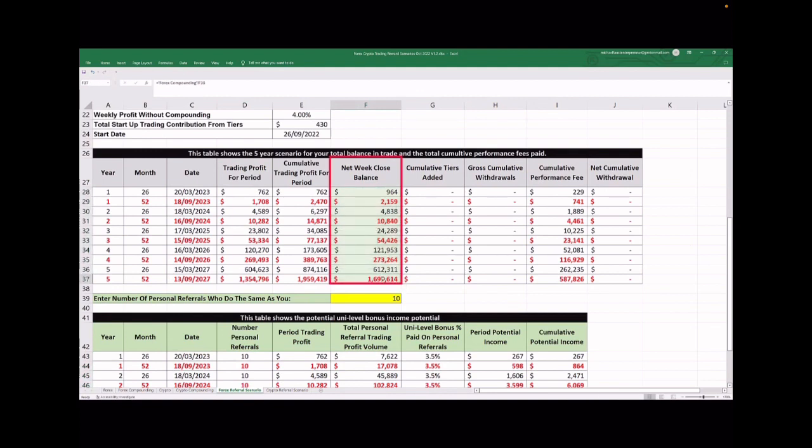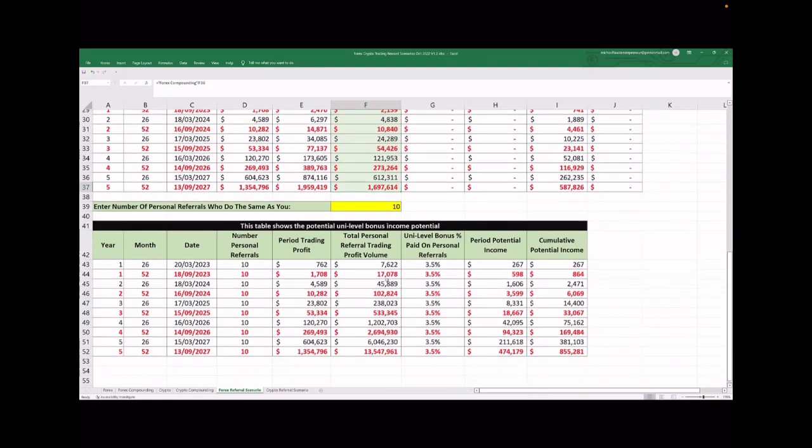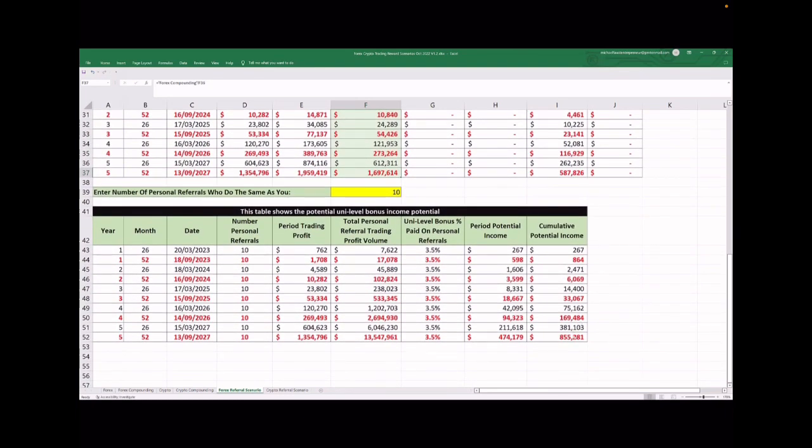Now we've got 1.697 million, enough to buy a home and put some funds to work and have a passive income. And from the referral side, over $855,000 that you've made. And what did you do? You just helped 10 people reach an outcome where they can also achieve life-changing results.